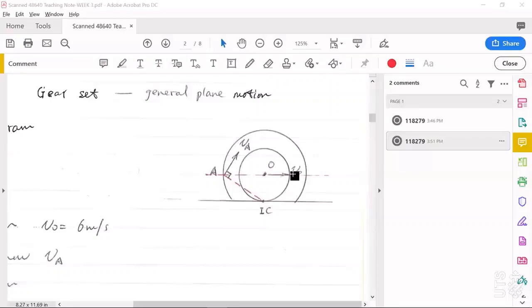VO to the right side, IC is here. That means the angular velocity must be clockwise. If the angular velocity is clockwise, then point A, VA must be upward.